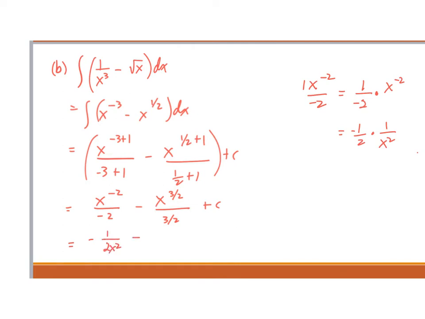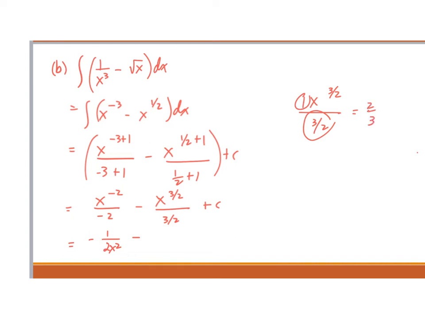And then the second term here, x to the 3 over 2 over 3 over 2, we could take this as 1 over 3 over 2. So 1 over 3 over 2 just means the reciprocal, so that's 2 over 3.